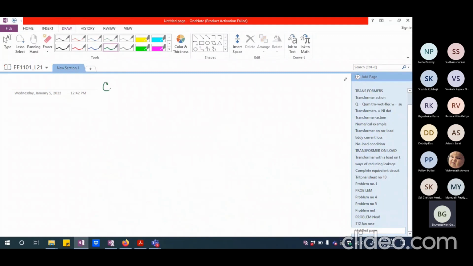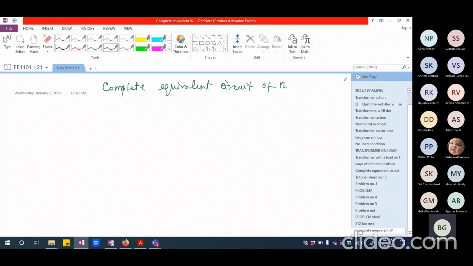So let me call this the complete equivalent circuit of the transformer. This is the complete equivalent circuit of the transformer that we are going to develop.